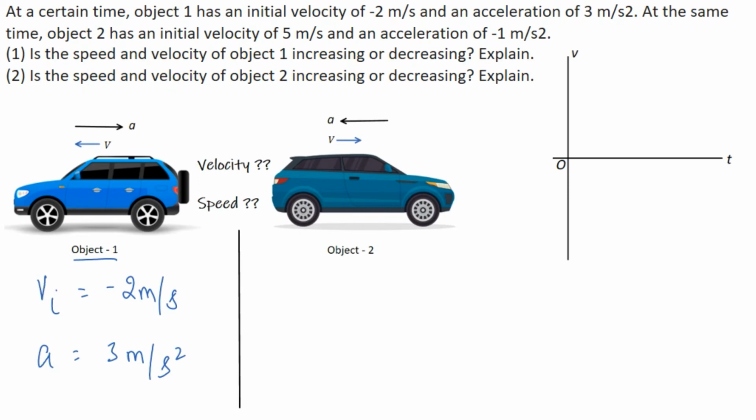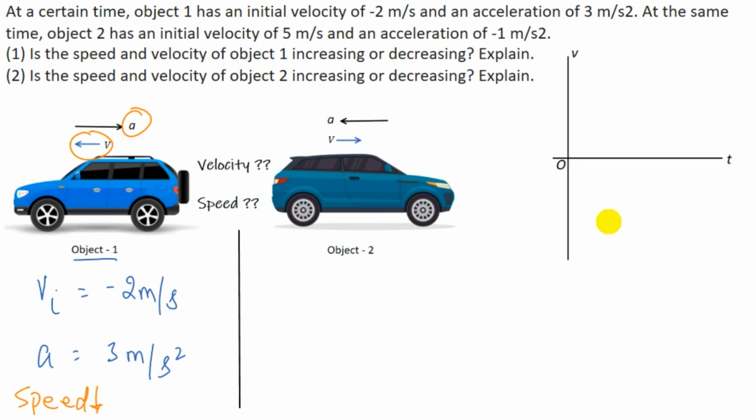Here you see that the direction of velocity and acceleration is opposite. They are pointing in opposite directions. That means speed should decrease. This thing we have studied in this video. And velocity will be increasing because the acceleration is positive.